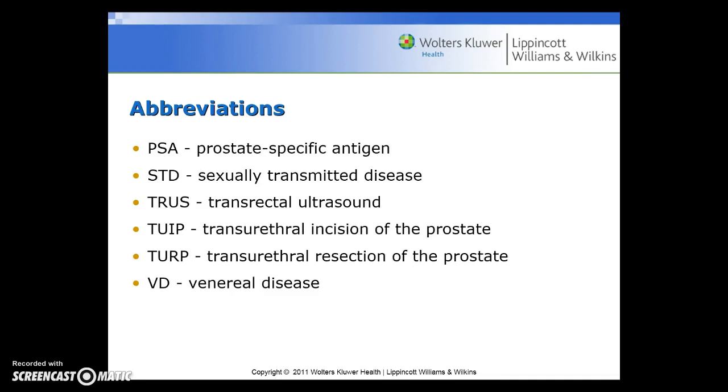A PSA is a prostate-specific antigen, STDs, sexually transmitted disease, and more often now it's STIs, sexually transmitted infections. A TRUS, a transrectal ultrasound. A TUIP, a transurethral incision of the prostate. A TURP, which is the transurethral resection of the prostate, and VD for venereal disease.